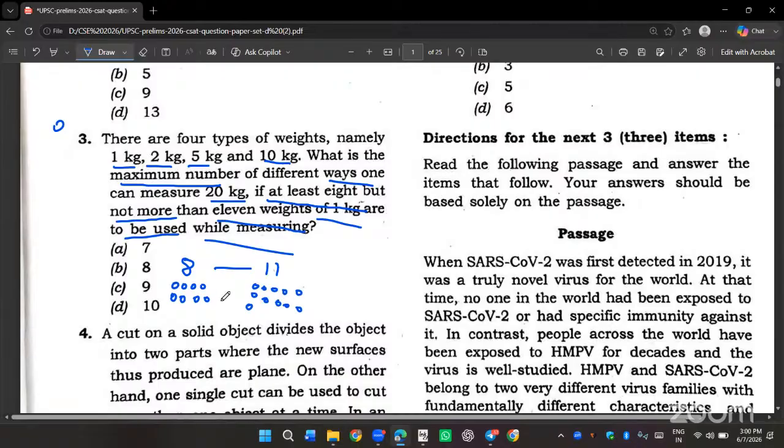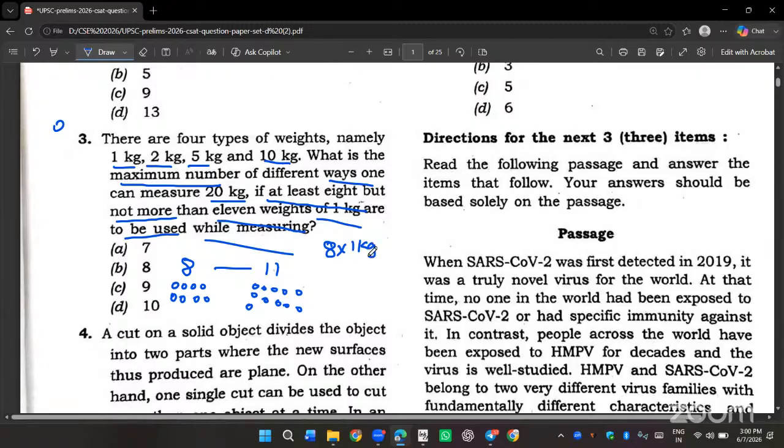Okay, these two possibilities are there. So with this, how many maximum number of different ways can you measure this? The constraint is you have to use 8 1 kg weights. So I'm going to use 8 1 kg weights.